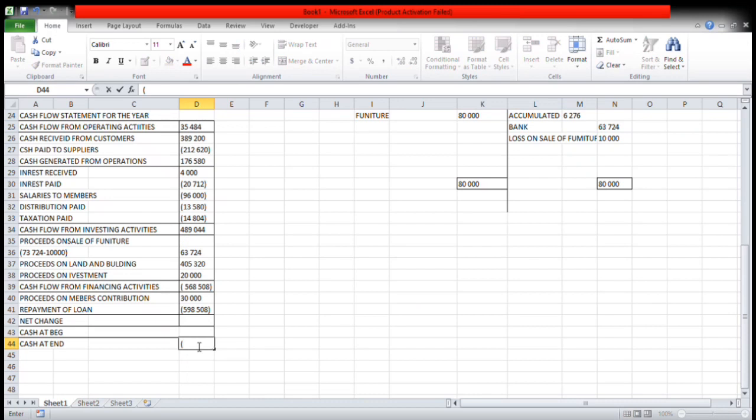We know that at the end we have 3,200, and at the beginning we have 10,780. In order for us to find the net change, we take this one and add this one, and our net change is 43,980. It must be indicated inside the brackets.